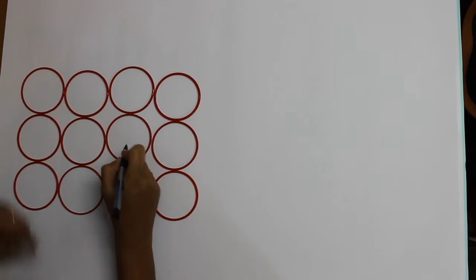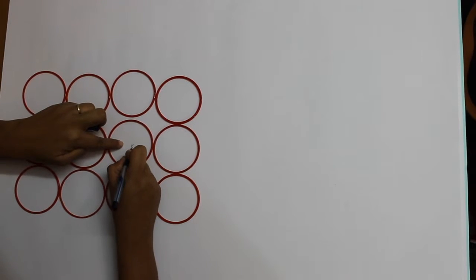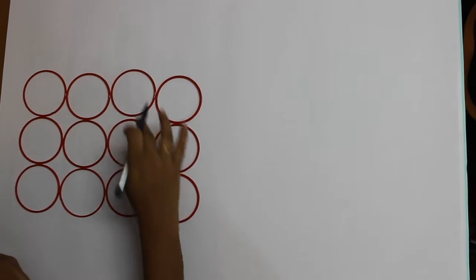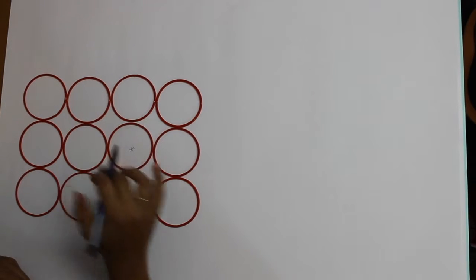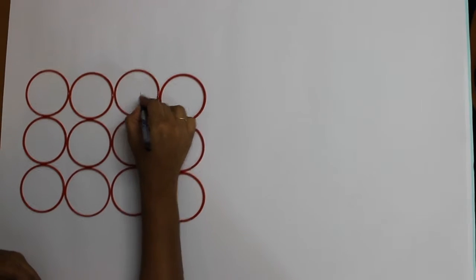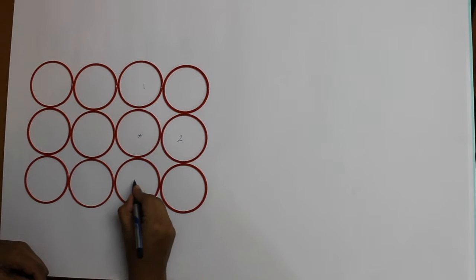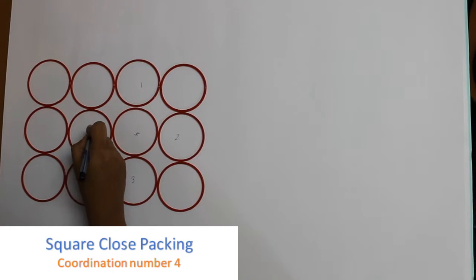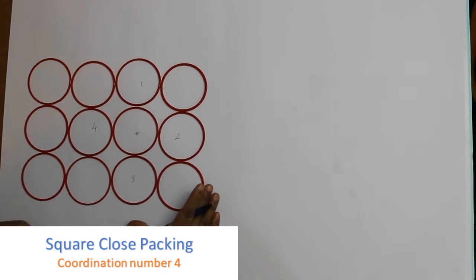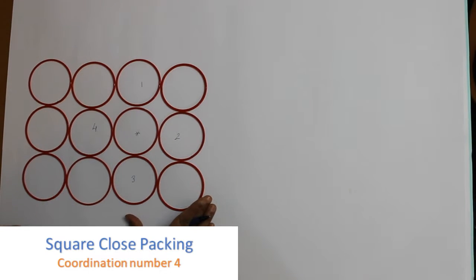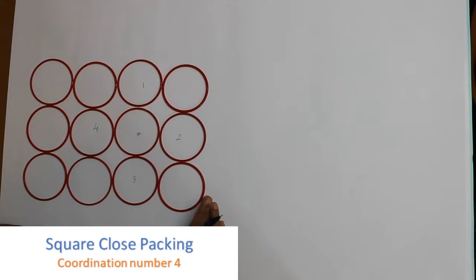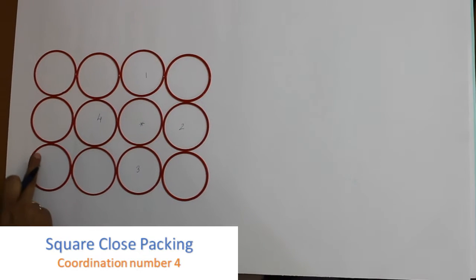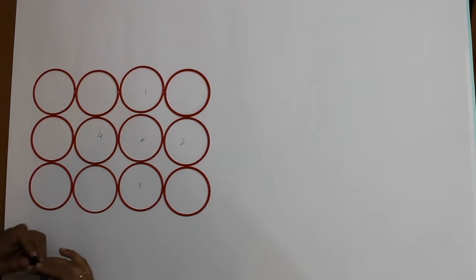Because if we see a particular atom, let it be this which is marked by an asterisk, it is in contact with 4 neighboring spheres 1, 2, 3 and 4, and hence this packing is known as square close packing or AAA type of packing.